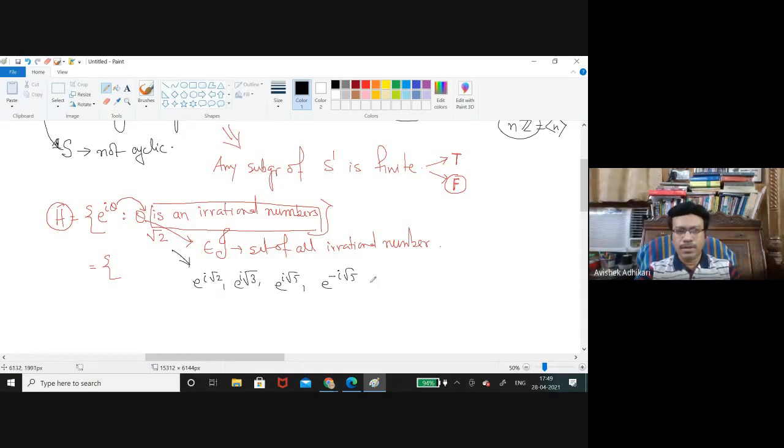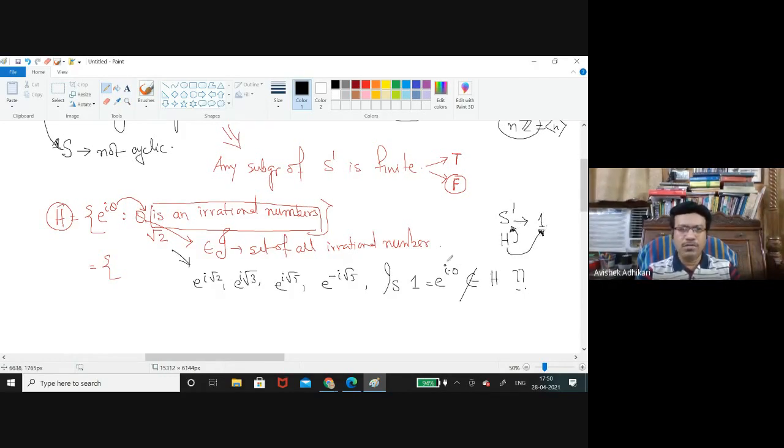Now tell me, is 1, that is e to the power i into 0, an element of H? No, sir. So it's not in H. But you are saying that S1 has the identity element 1. And if H is to be a subgroup of S1, then it must contain the same identity element.